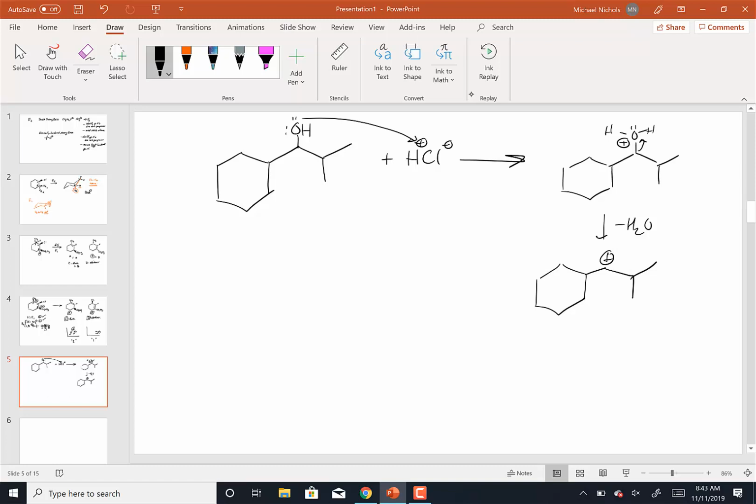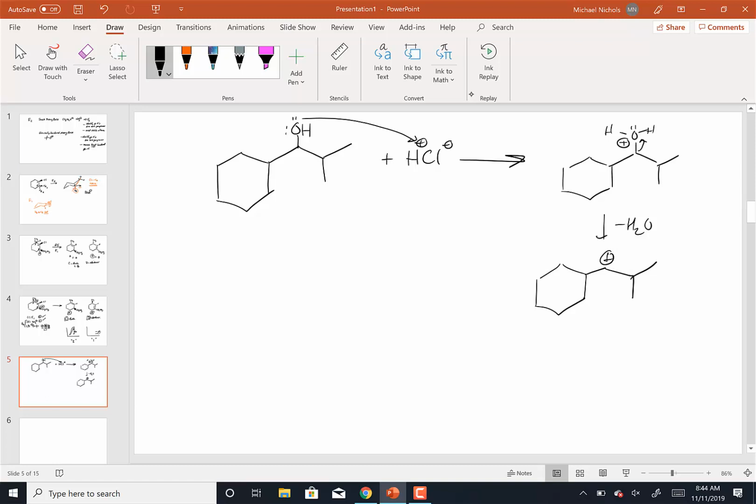Now, when I go through this carbocation intermediate, what mechanisms are possible? I have a chloride, right? So that makes a possible mechanism. If the chloride reacts with the carbocation, then I could get what mechanism?